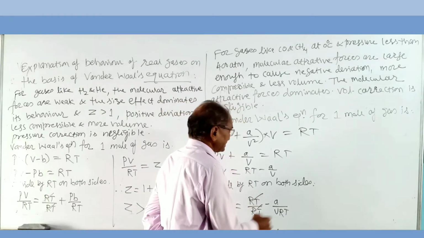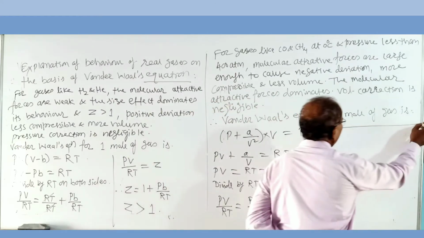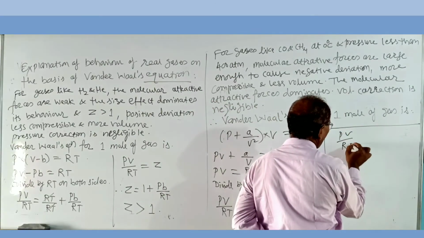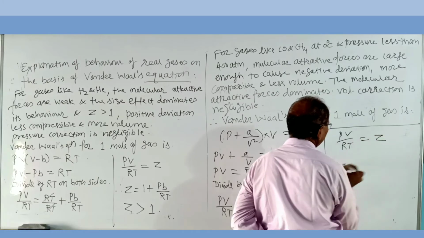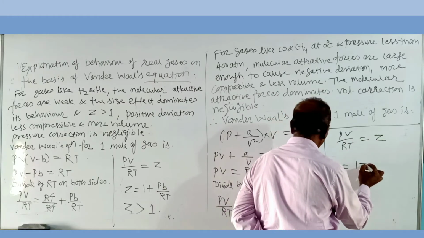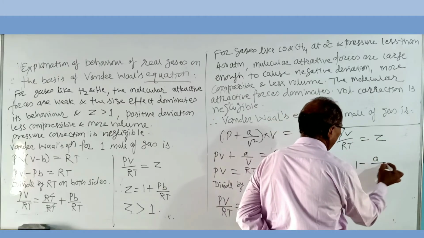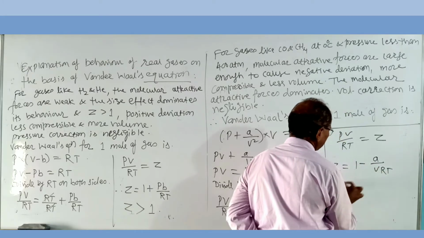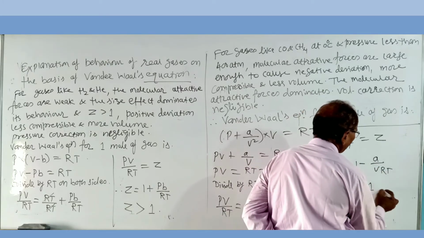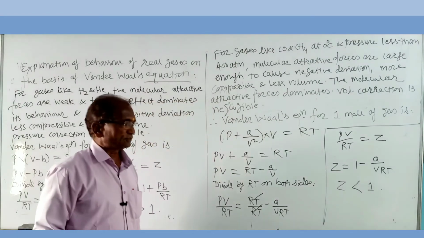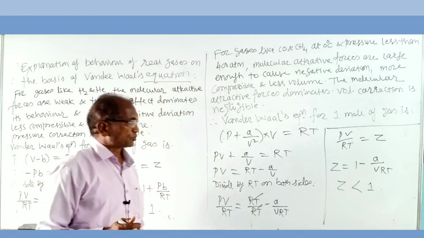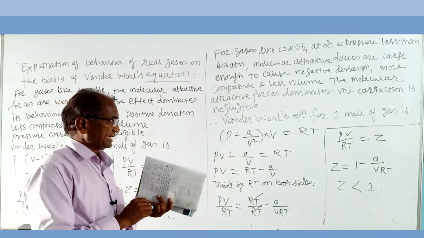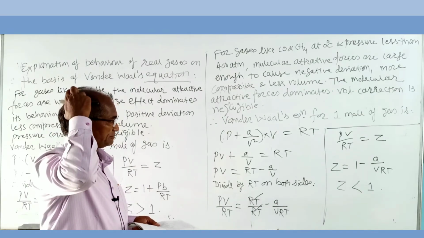Then RT cancel, and here PV upon RT is equal to Z. Therefore, Z is equal to 1 minus a upon VRT. Z is less than 1. More compressible, less volume. Volume correction is negligible.